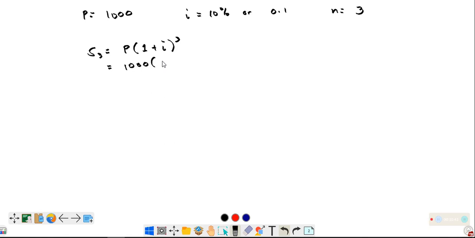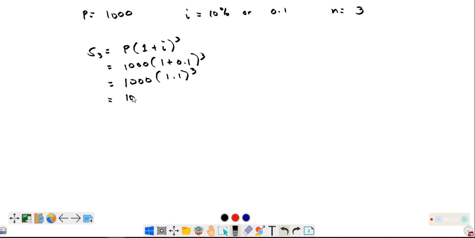So, we're going to have here 1,000 times 1 plus 0.1 raised to the power of 3, which will give you, so if you have your calculator with you, so please paki-calculate siya with me. Ayaw magbukas ng phone ko. So we have 1,000 times 1.1 cube, ayan, nag-lock.